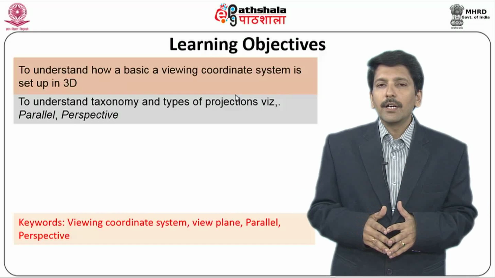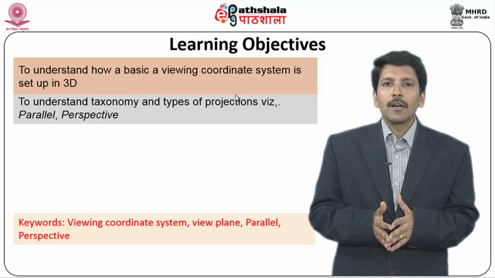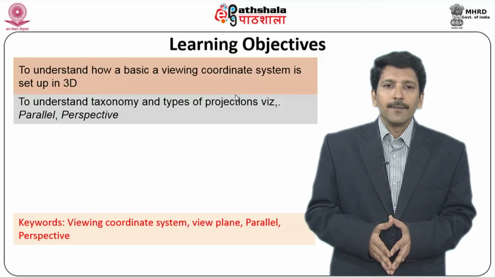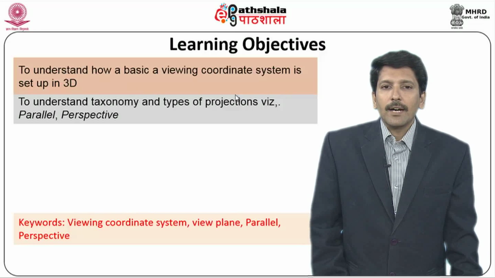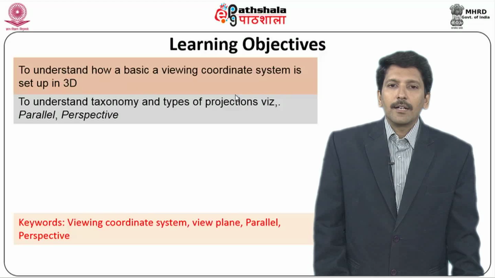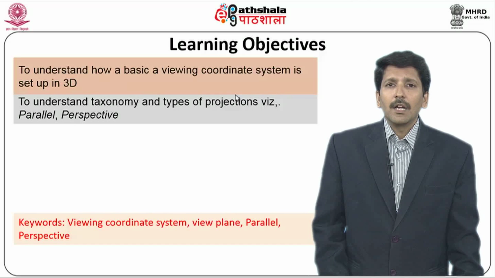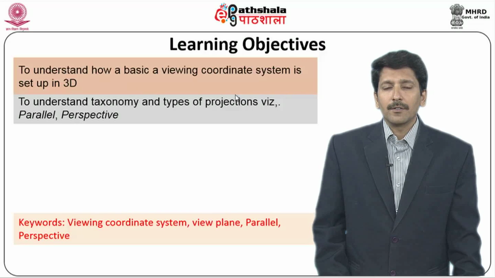So, in 3D viewing we imagine a position, direction and orientation for looking at the 3D world. That is the basis here. Following that, we will understand the taxonomy and types of projections, which involve the projection transformation: parallel and perspective, which are very important in this series.